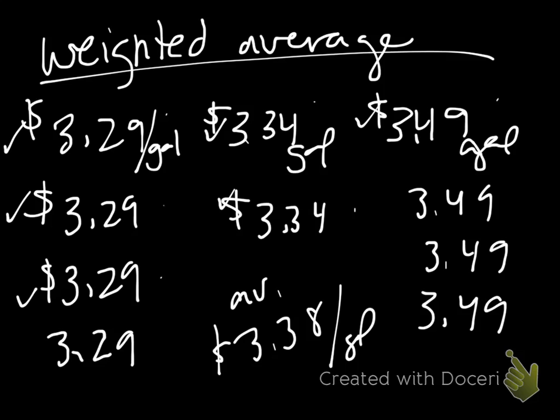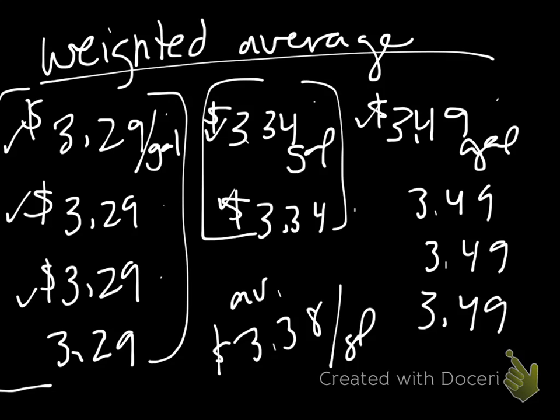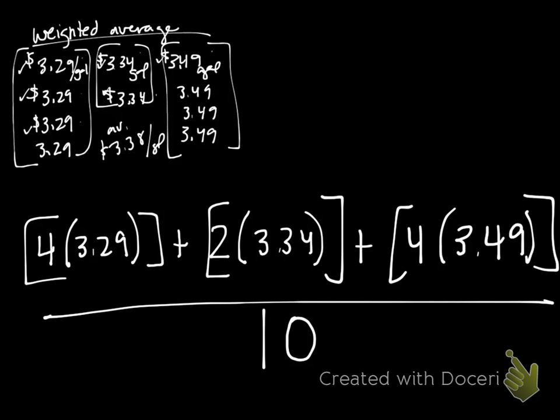Now you notice that we had 10 gas stations here. Did anybody do the whole multiply this by 4, multiply this by 2, multiply that by 4, divide by 10? Okay, good. Let's set that up another way. So this is what you did, right?